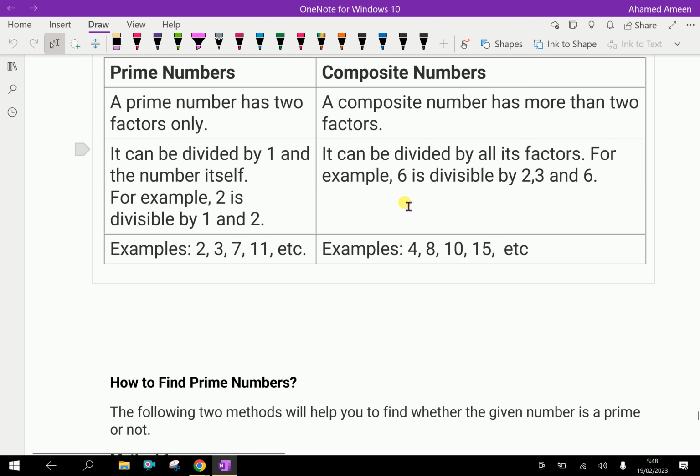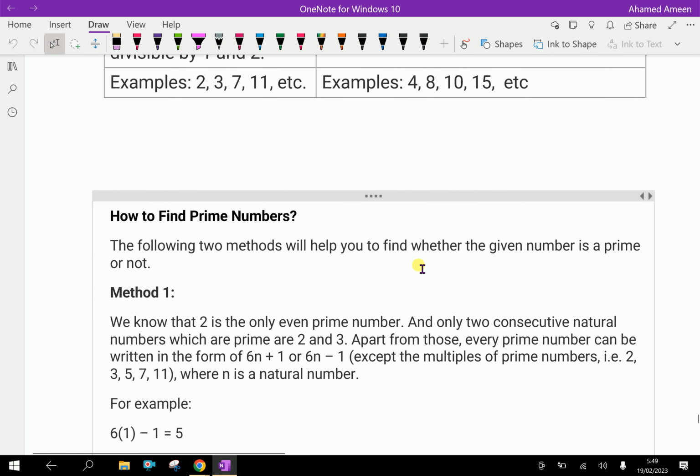For example, 6 is a composite number, divisible by 1, 2, 3 and 6 itself. Examples of prime numbers are 2, 3, 7, 11, like this. Composite numbers are 4, 8, 10, 15, like this, because each number has more than two factors.